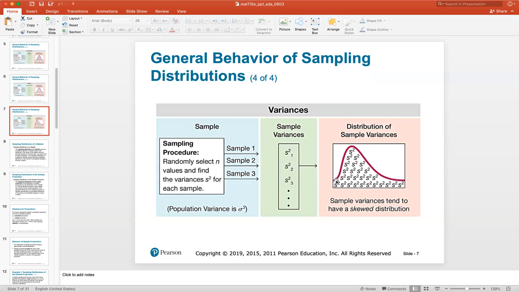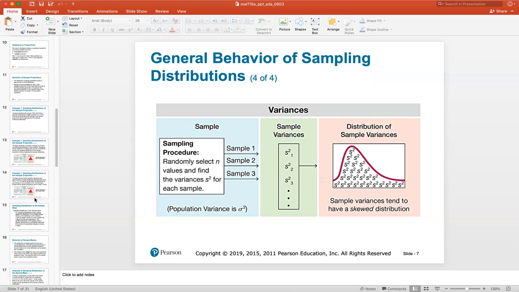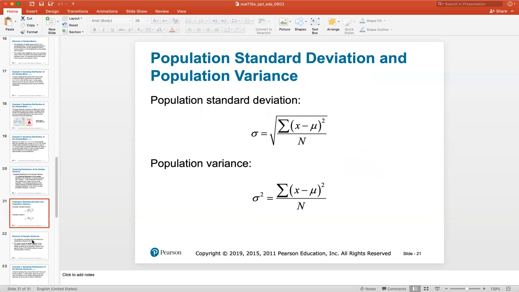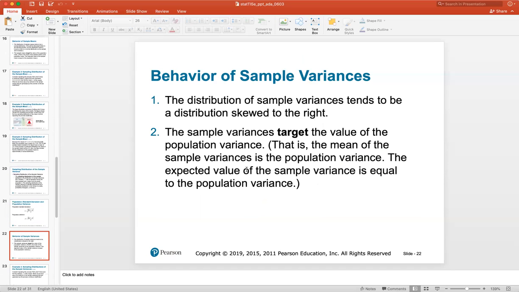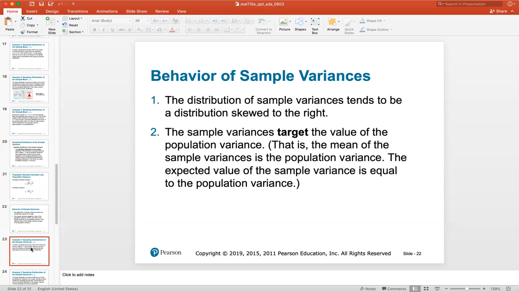If the left tail is longer than the right tail, then we say the graph is skewed to the left. The sample variances target the value of the population variance. That is, the mean of the sample variance is the population variance. The expected value of the sample variance is equal to the population variance.